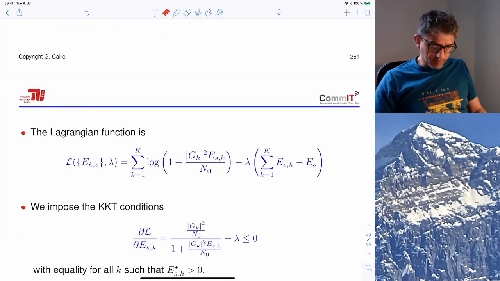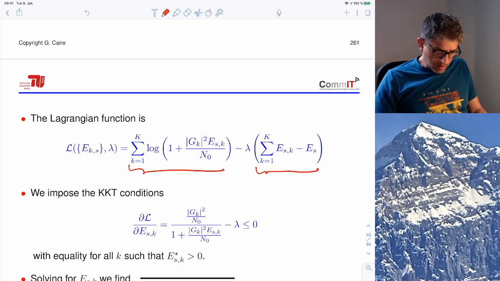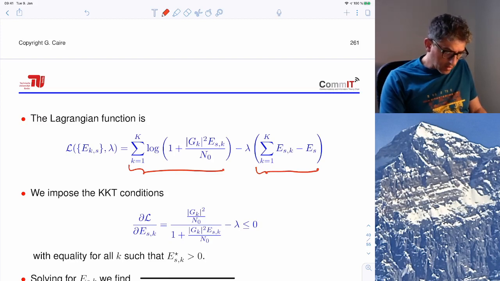And so the Lagrangian function is this. This is the objective function, as you can see, and then we have minus, and this is the constraint. So intuitively, what happens, we want eventually to maximize with respect to the E_sk. I have written E_sk and now this is E_ks, so this is a typo that I have to correct.